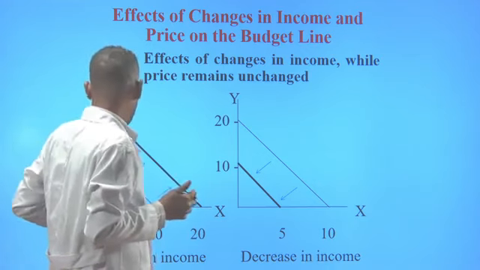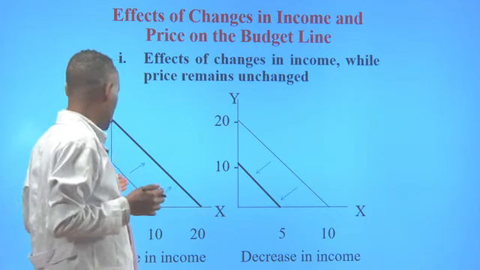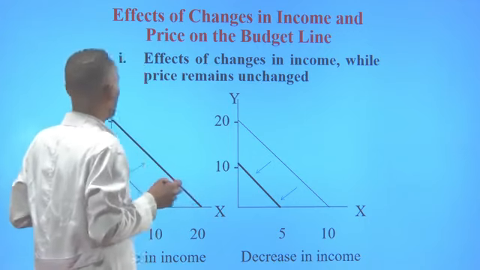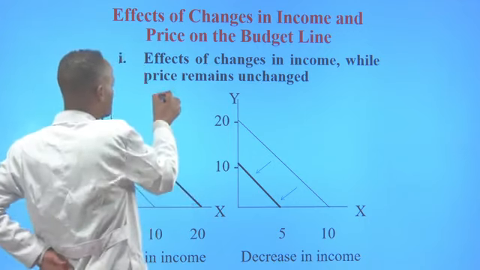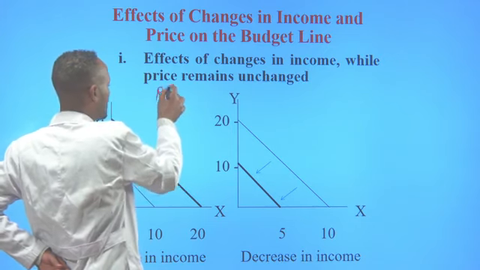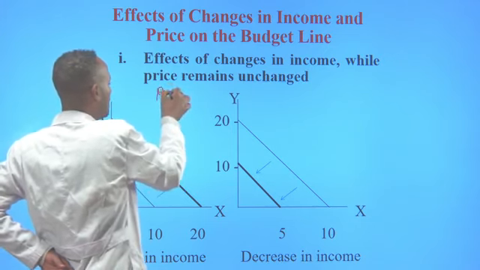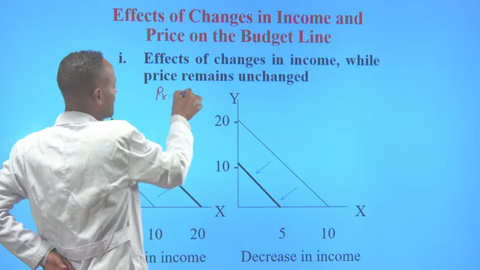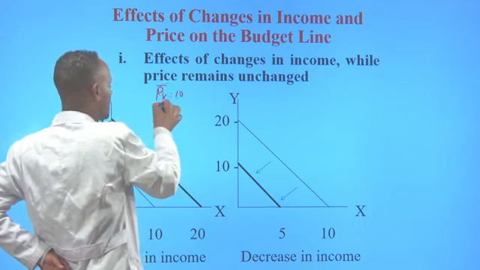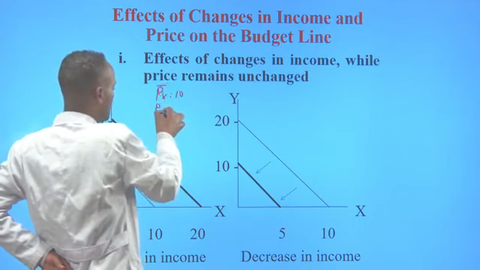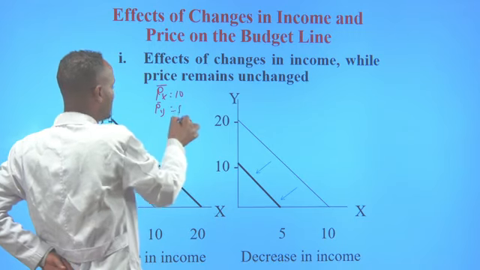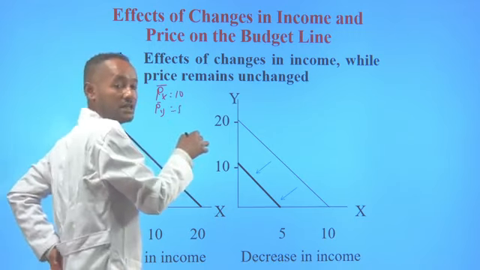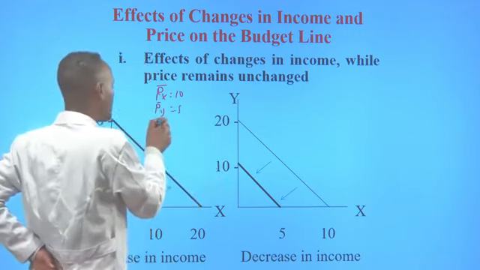Here, this is the original budget line, and there is no change in the price of X, which was initially 10 birr and remains unchanged, and the price of commodity Y is 5 birr, which remains unchanged. The only factor that will change here is the income of a consumer.